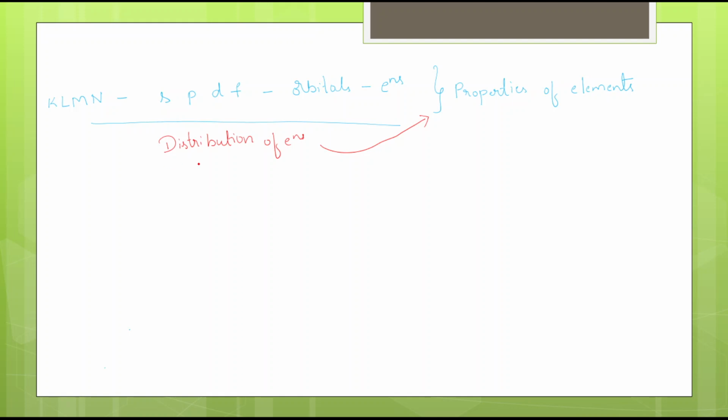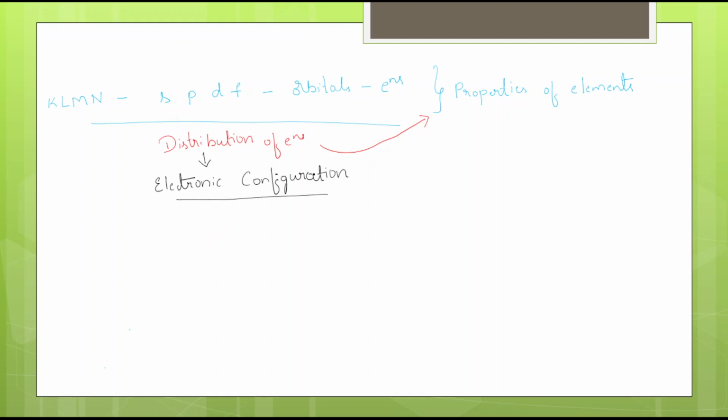In chemical terms, we call this distribution of electrons in the shell, subshell and orbitals the electronic configuration.